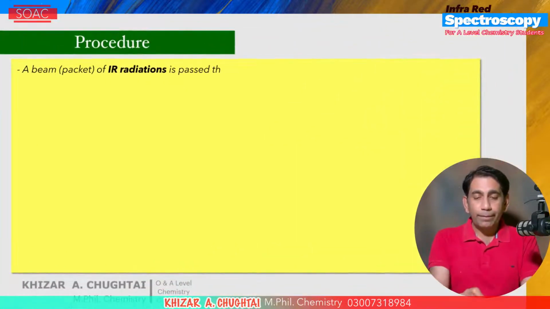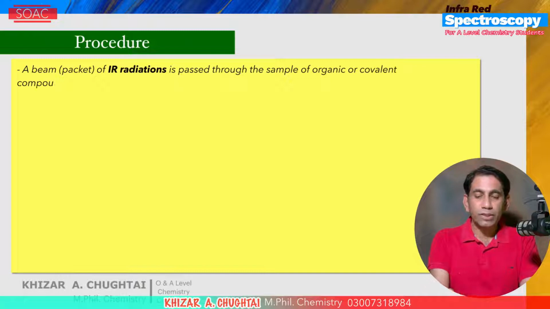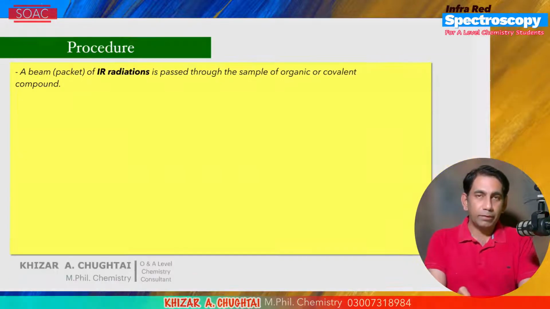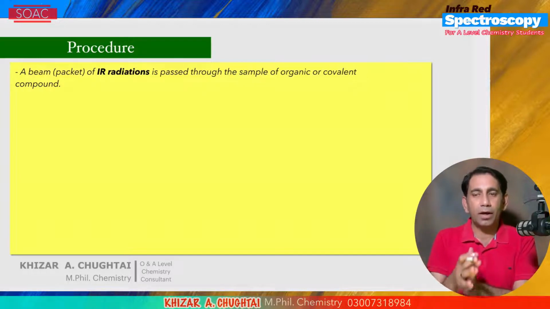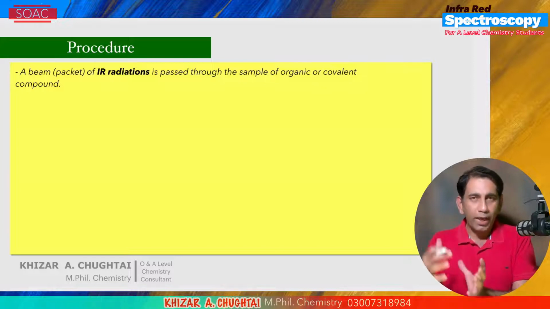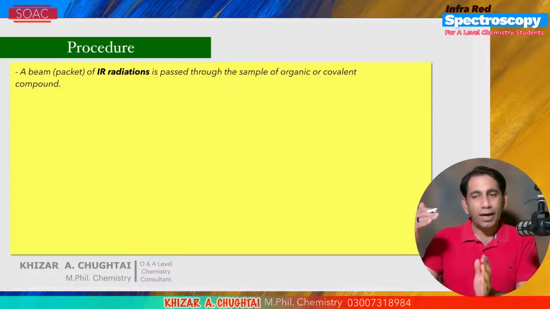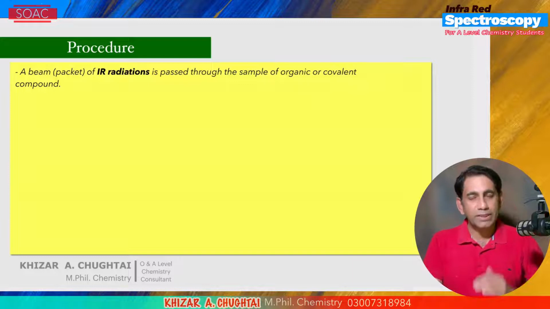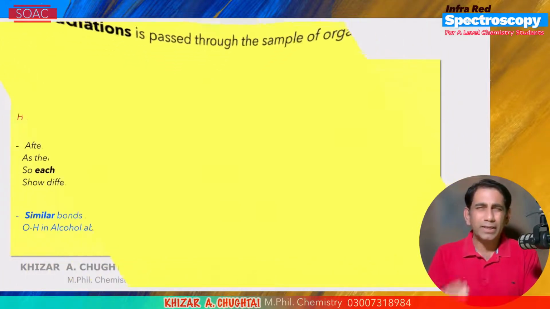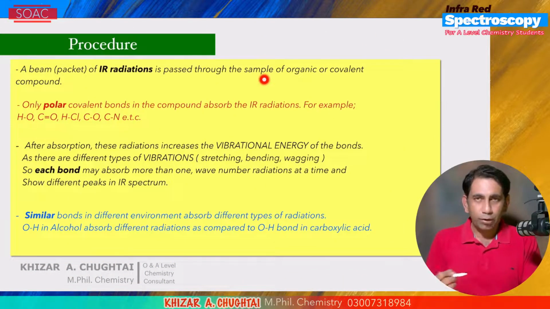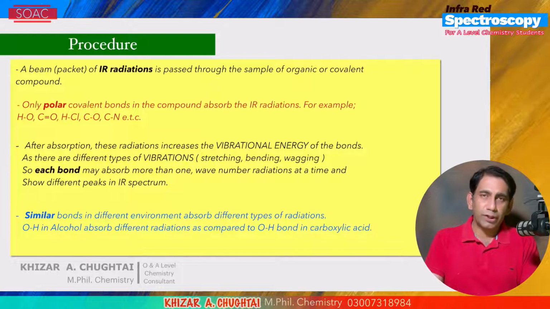A beam of IR radiation is passed through a sample of an organic or covalent compound. A beam of the full spectrum of IR radiation, you can say a convoy of IR radiations, is allowed to pass through the sample of an organic compound that has an OH bond, a C double bond O bond. Organic compounds have different sorts of functional groups.